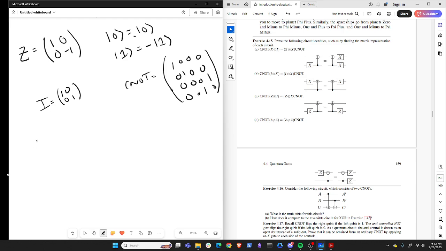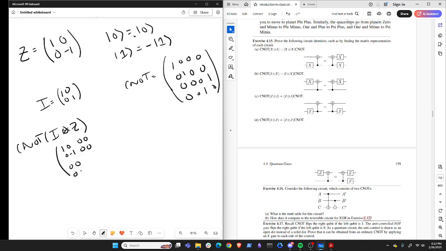So first, for the left-hand side, C0 of I tensor Z. We'll take our tensor product, which is our Kronecker product. So we have the 1 multiplied by the Z matrix, so 1, 0, 0, negative 1. 0 times the Z matrix is 0.